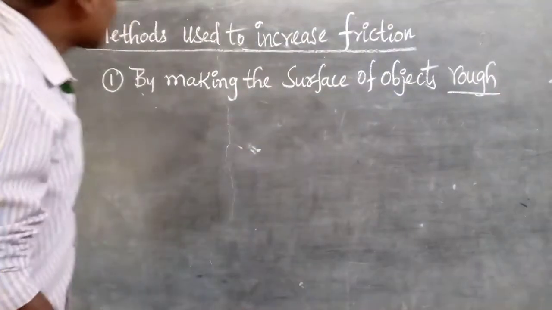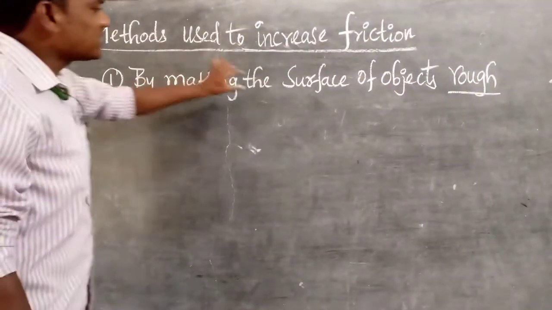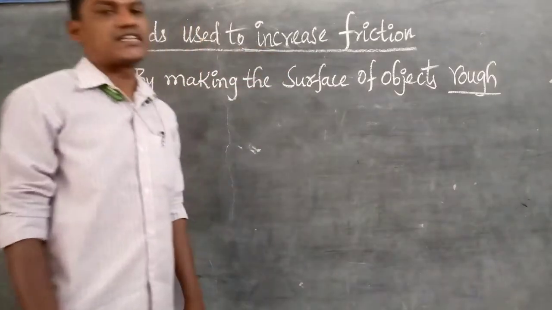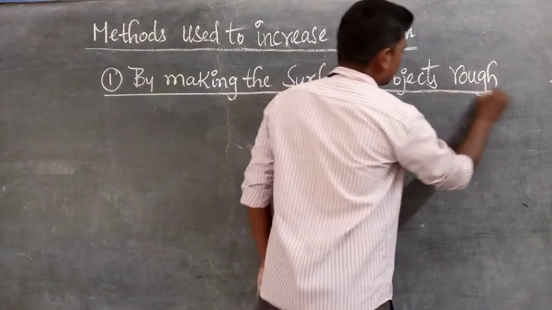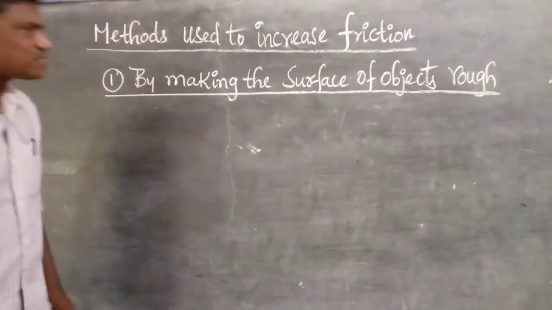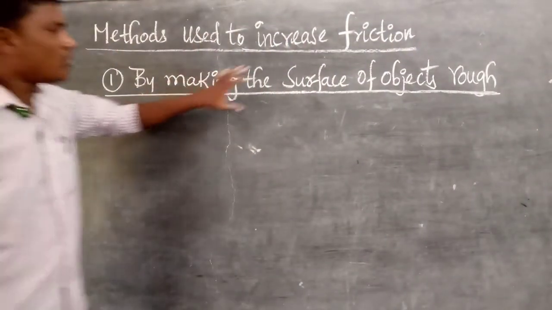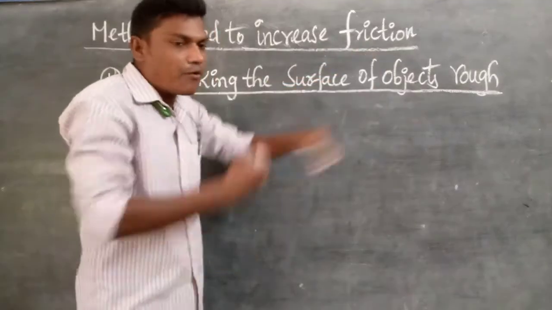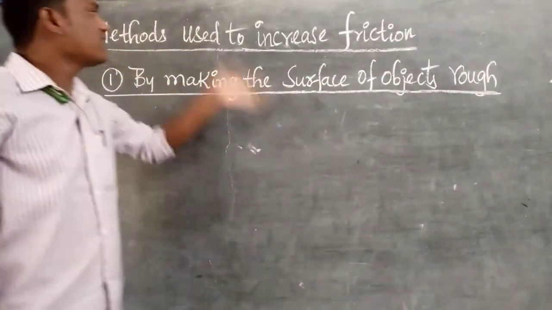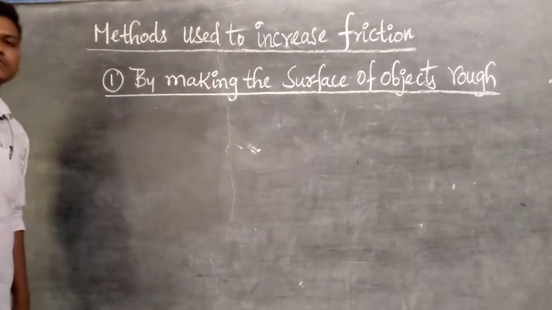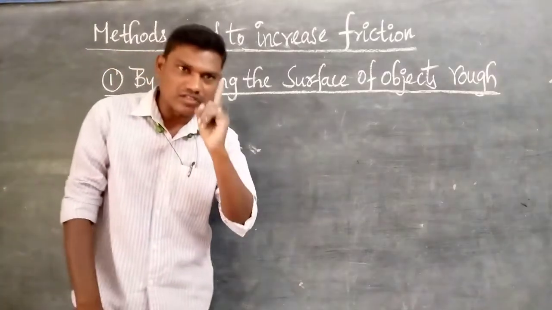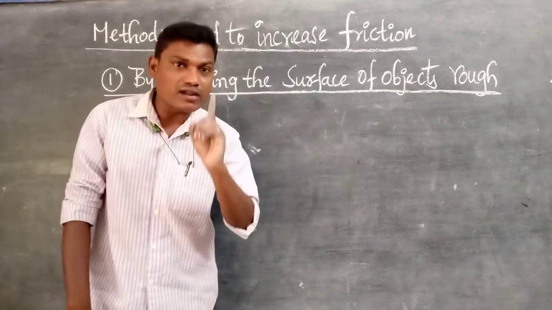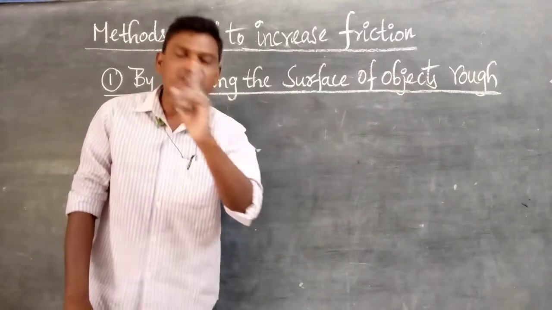And what is the first one? By making the surfaces of the object rough. This is the main one. What is the meaning of this? If we make the surface of the objects rough, then automatically the frictional force increases, because, as I said at the start of the chapter, of the main causes of frictional force.